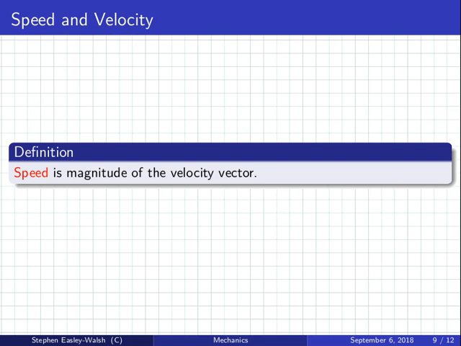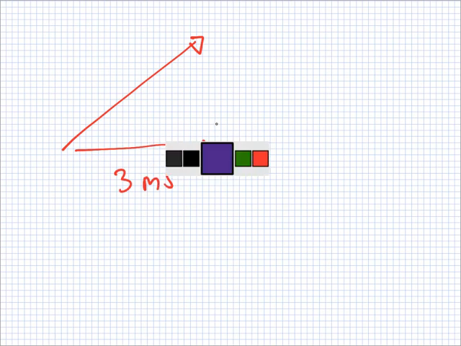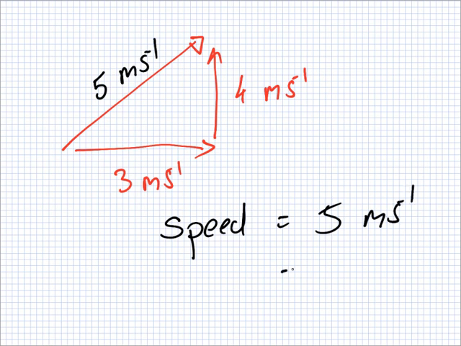So if you have a velocity vector, let's say this is going 3 meters per second east and 4 meters per second north. What's the magnitude here? It's 5 meters per second. So we can say the speed is 5 meters per second, because the speed is the magnitude of the velocity vector.